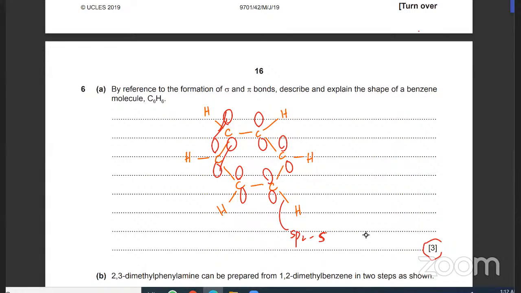Between carbon and carbon, it's an sp2 overlapping with an sp2, and the pi bonding is happening because a p orbital overlaps with the p orbital of the neighboring carbon atom. Tell them that each carbon atom is sp2 and trigonal planar, and overall the shape of the molecule will be hexagonal planar.